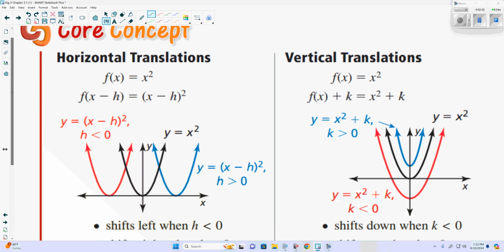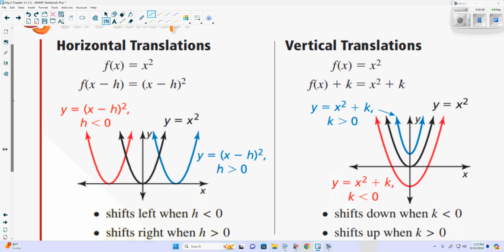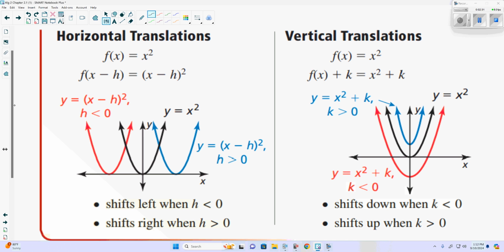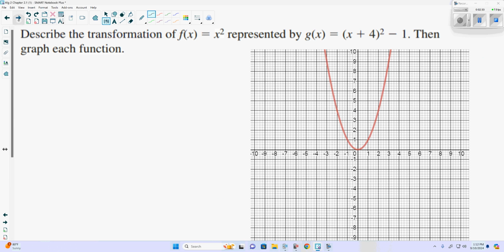Horizontal. H tells us the value that we move left or right. And k tells us up, down. This is really explaining it, but let's look at this example. We're given this and we want to state how this graph moves: (x plus 4) squared minus 1.